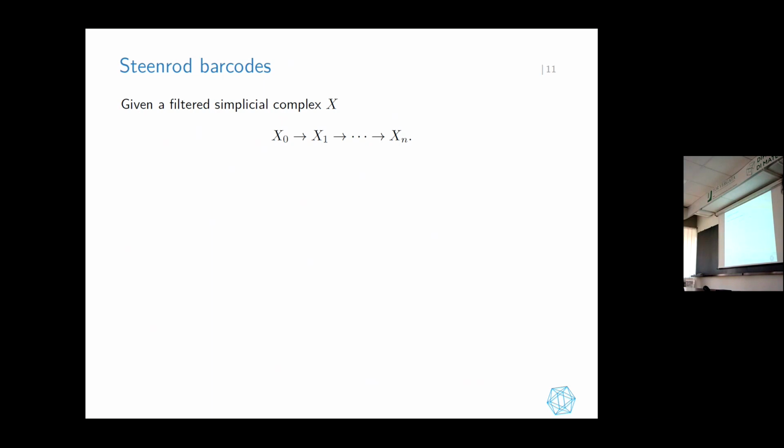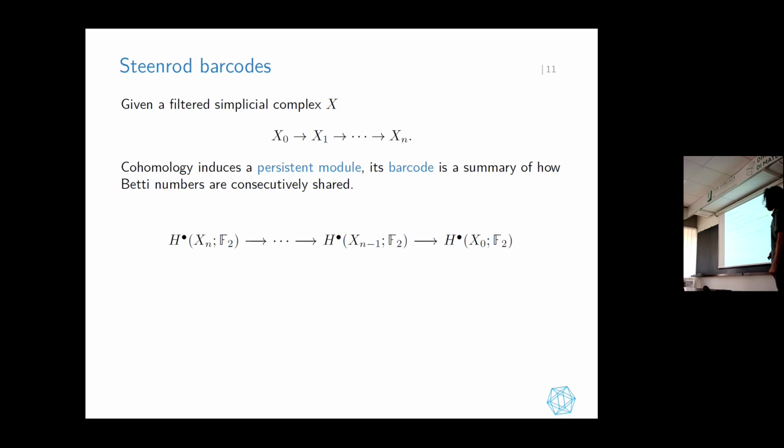We have a filtered simplicial complex, and applying cohomology, I'm interested in cohomology here, we obtain a so-called persistence module, whose barcode is a summary of the way homology classes are shared consecutively by the different modules. So we obtain something like this.